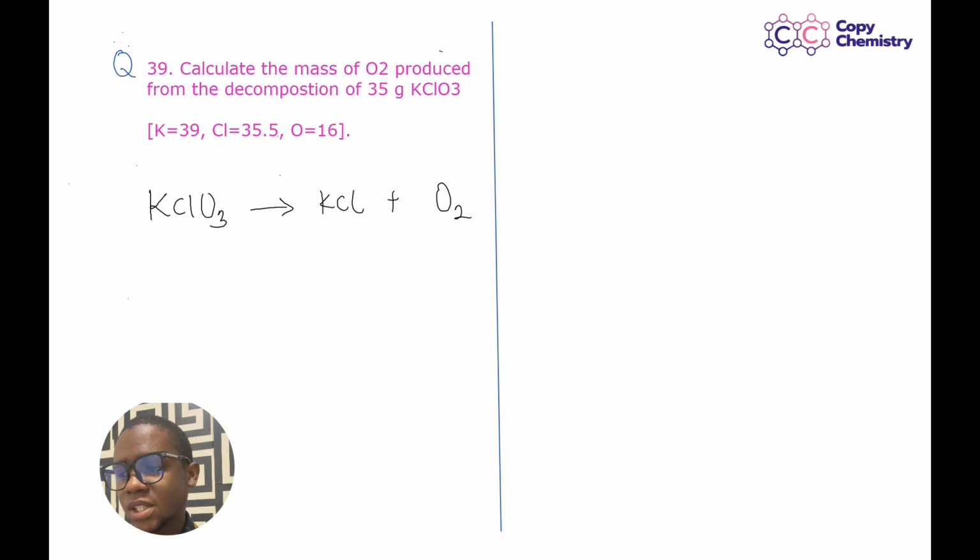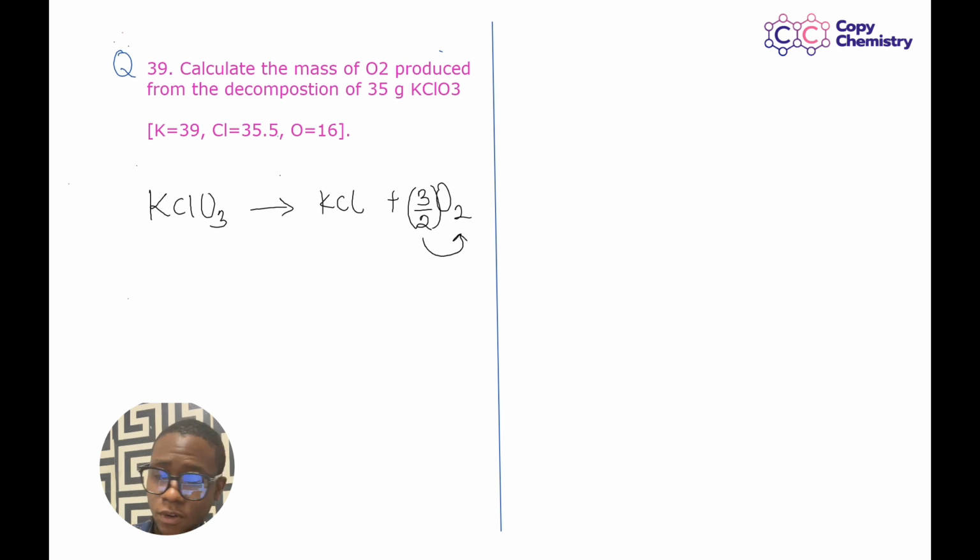The only thing is the O that you have on the left-hand side is 3, while that on the right is 2. So you have to make the one on the right become 3. You can multiply by 3 over 2, so that the 2 will cancel out and you get 3.